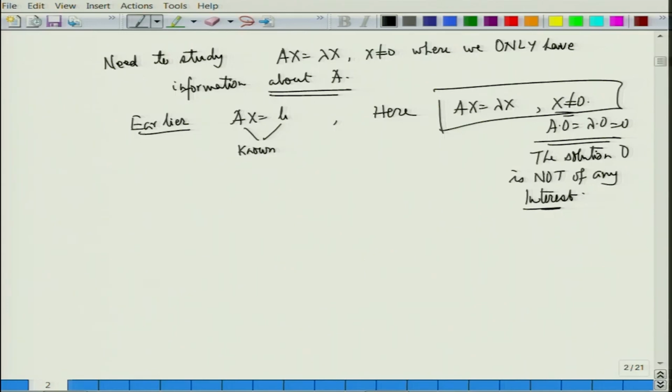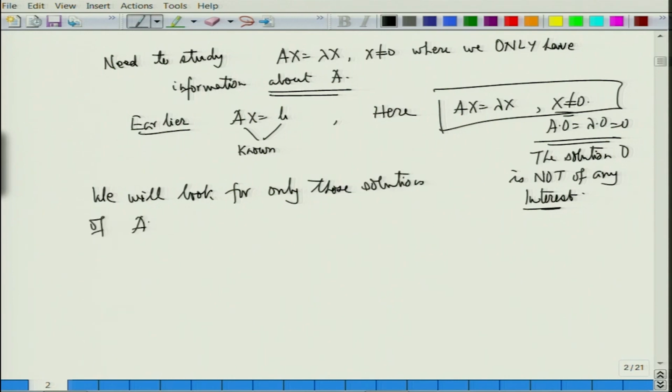So, we will look for only those solutions of Ax is equal to lambda x which are linearly independent. Fine, this is what we will look at.